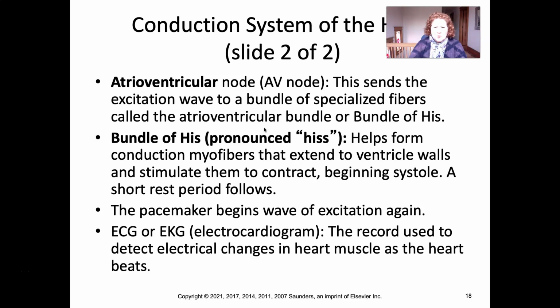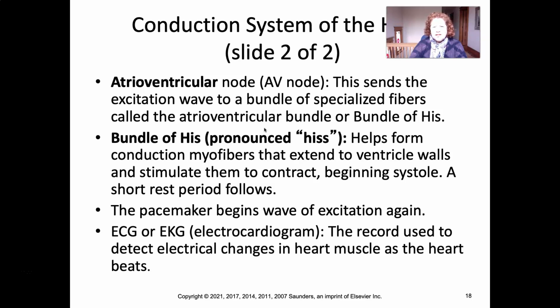So the AV node sends the excitation wave to a bundle of specialized fibers called the bundle of His, H-I-S, or the atrioventricular bundle. And the bundle of His, only one S when you spell it, remember. It sounds like two S's, like you're hissing like a snake, but it's only one S when you spell it.